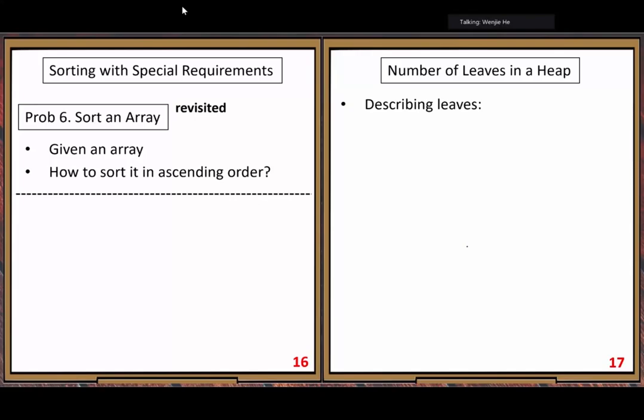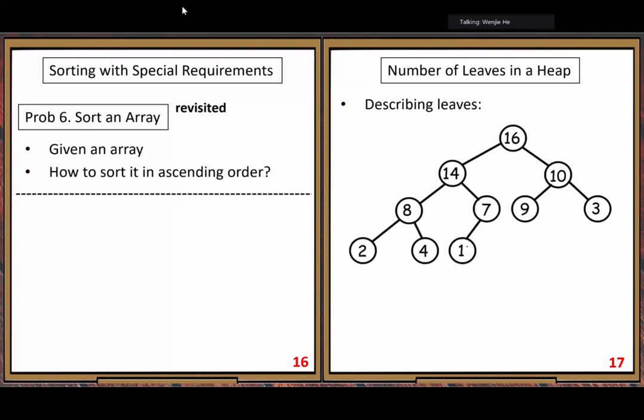So let's do some analysis here. Here, we need a heap example. First, we need to identify those leaf nodes, because here we talk about leaves.